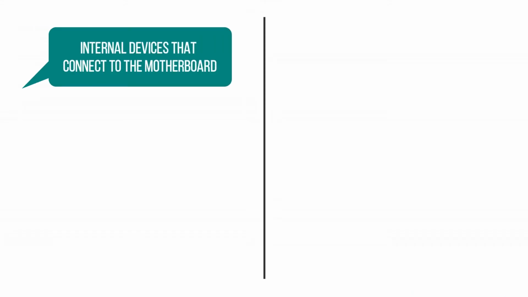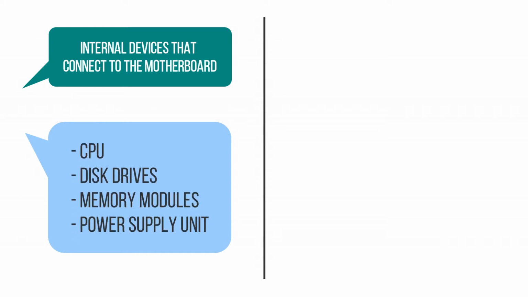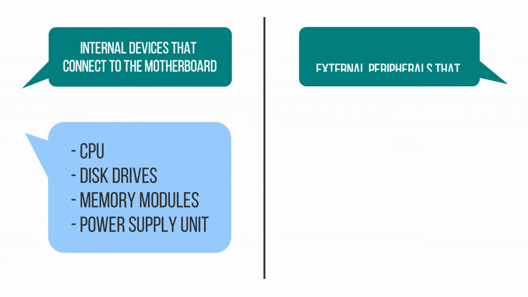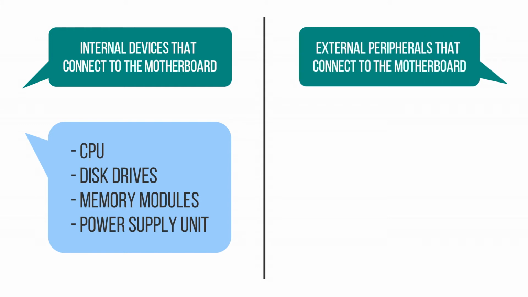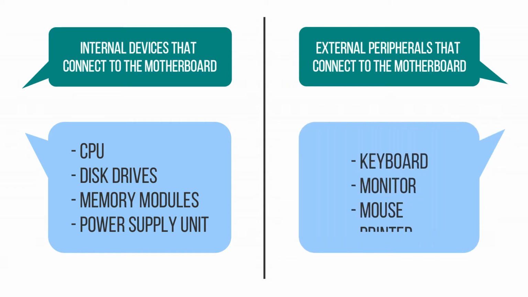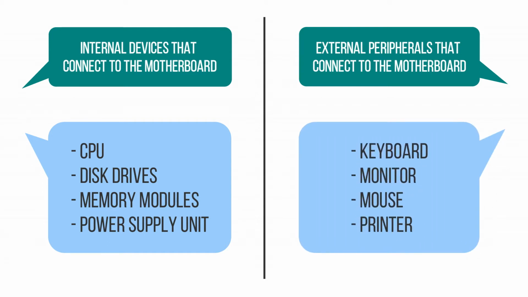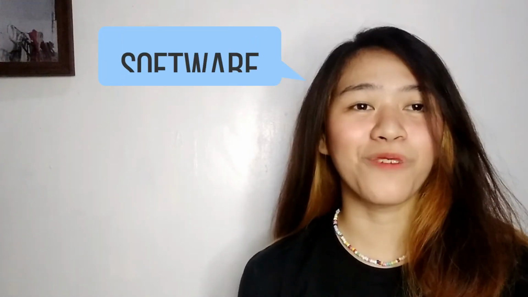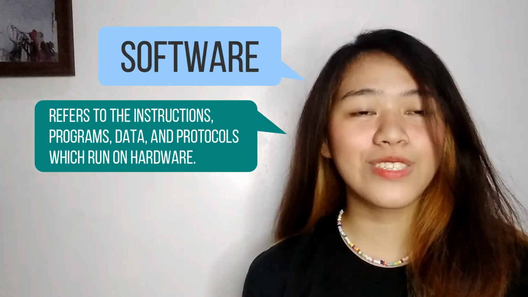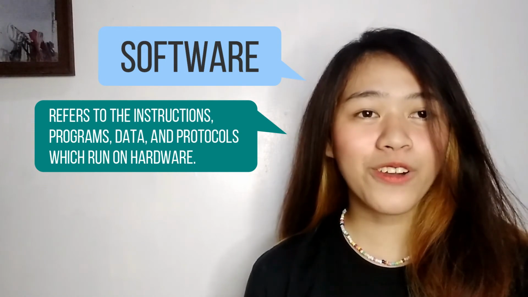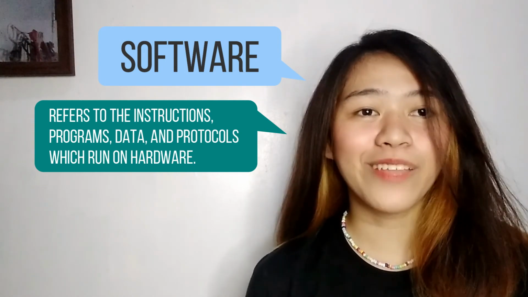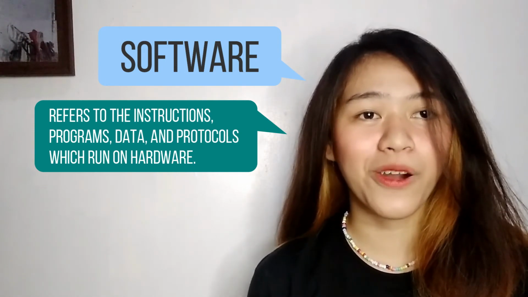Internal devices that connect to the motherboard include CPU, disk drives, memory modules, and the power supply unit, while some of the external peripherals that connect to the motherboard include keyboard, monitor, mouse, and printers. After the hardware, we have the software, which refers to the instructions, programs, data, and protocols which run on the hardware.